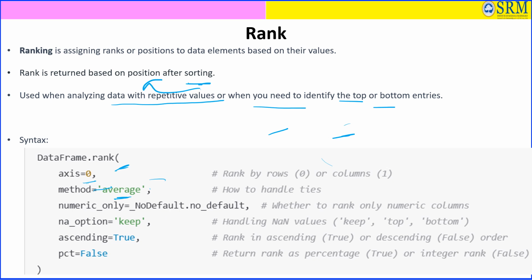Numeric only is false, so you keep the NaN values, you should not reject them. Ascending is always true, because it sorts in ascending order. And percentile is false, that is, whether it returns the rank as a percentage or as an integer rank. So it returns the rank as an integer, not as a percentage.